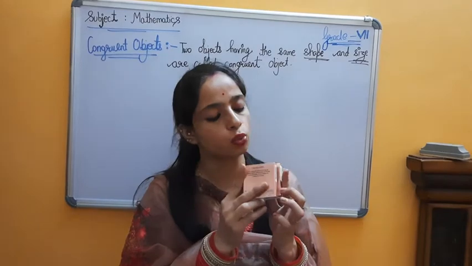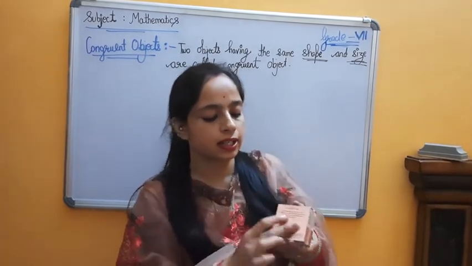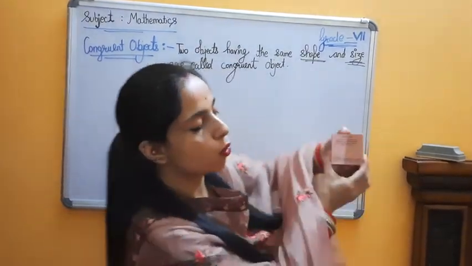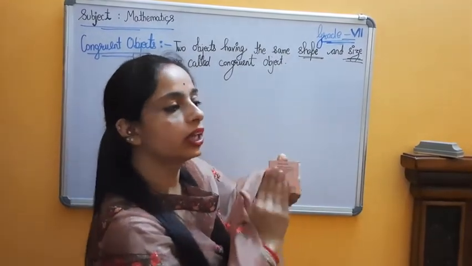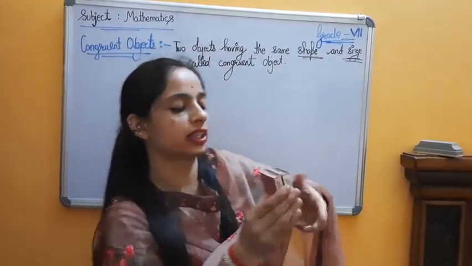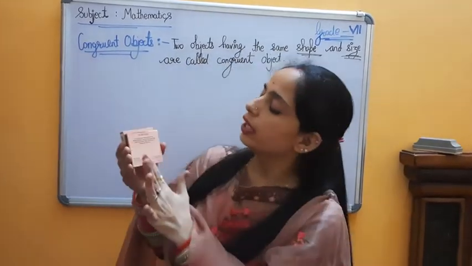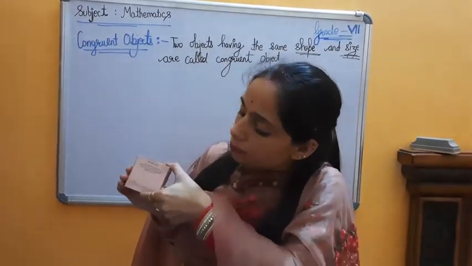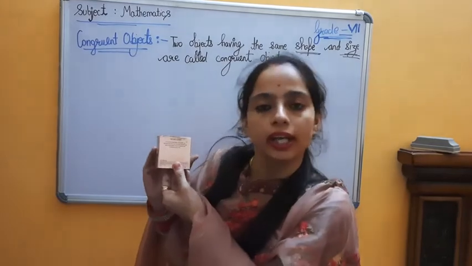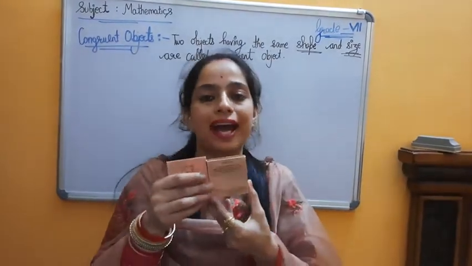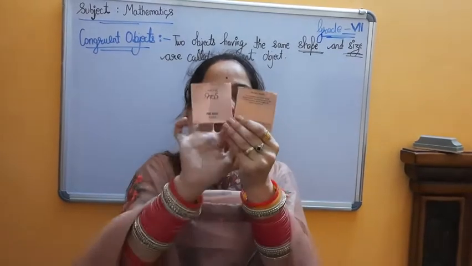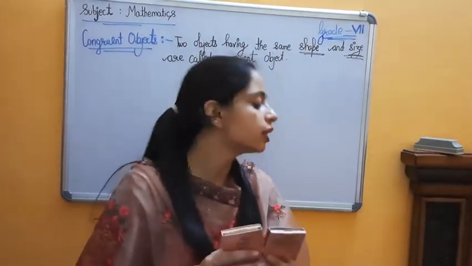If I place one over the second, you just see the one box only. It totally overlaps the second one, and the second one also totally covers the first when we place it. So these two have same shape and same size. So these two are congruent objects.